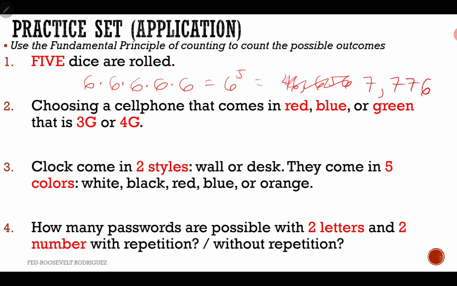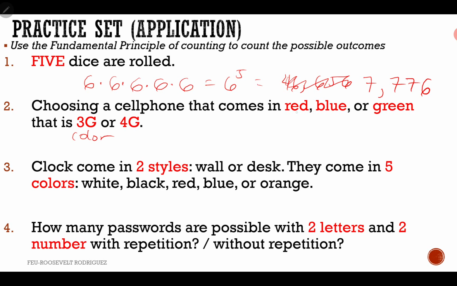But if we use 6 dice, and so on and so forth, the number goes higher and higher. Alright, next. For item number 2, choosing a cell phone that comes in red, blue, or green, and that is 3G or 4G. This time, we have two cases for this cell phone. Number 1 is the color of our cell phone.